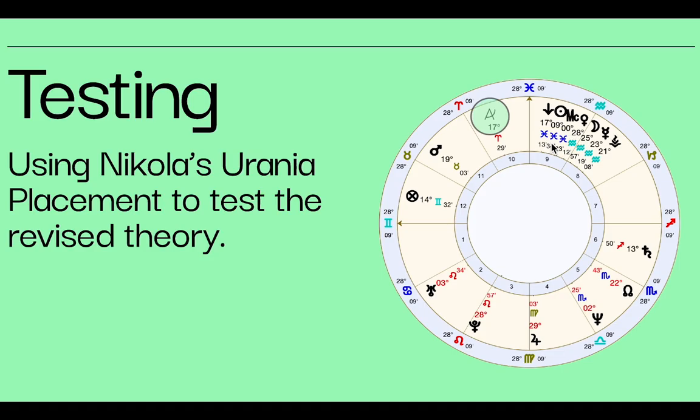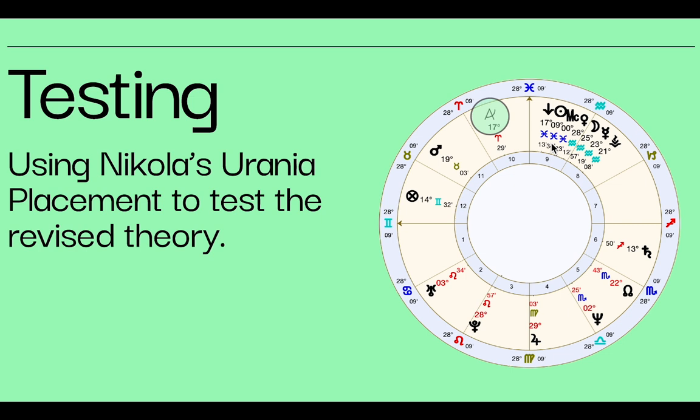So how can we test this new and revised degree theory? I'm not going to go into an extensive analysis of tons and tons of charts, but I just wanted to use Nikola's natal chart to show a simple example of the revised degree theory applied.